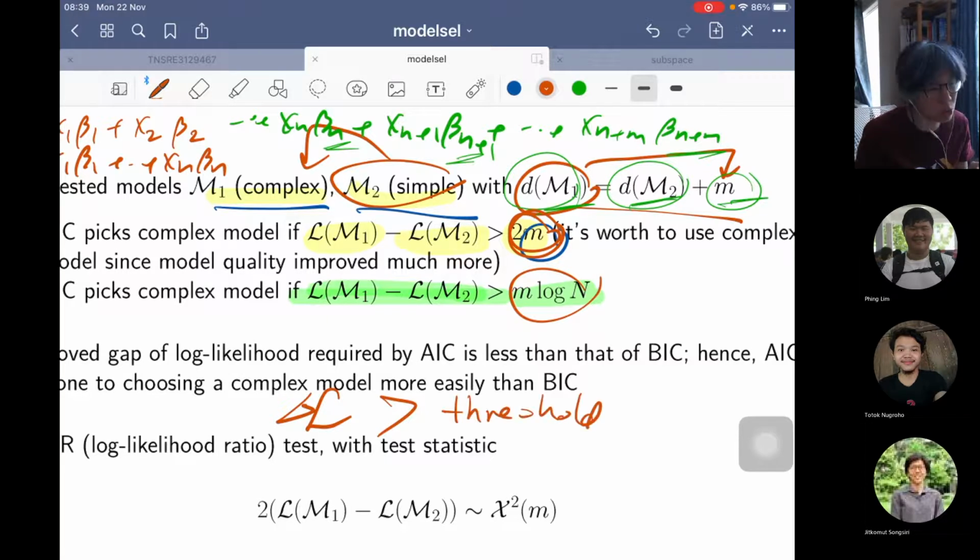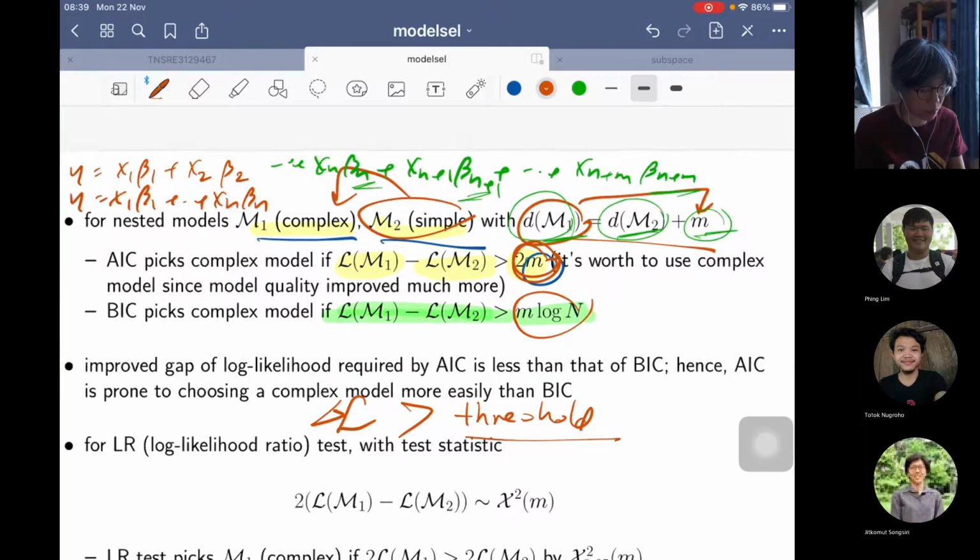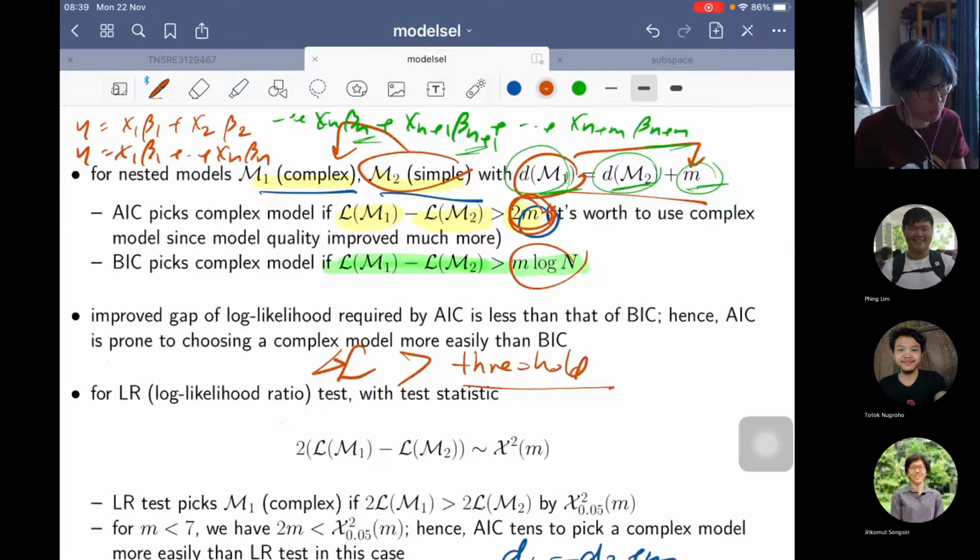If the threshold of some model selection score is small, it means it's easier for that score to pick a complex model. For example, if the threshold is 1, I just need to improve the log likelihood by a value of 1, and then my score will have a preference for the complex model.